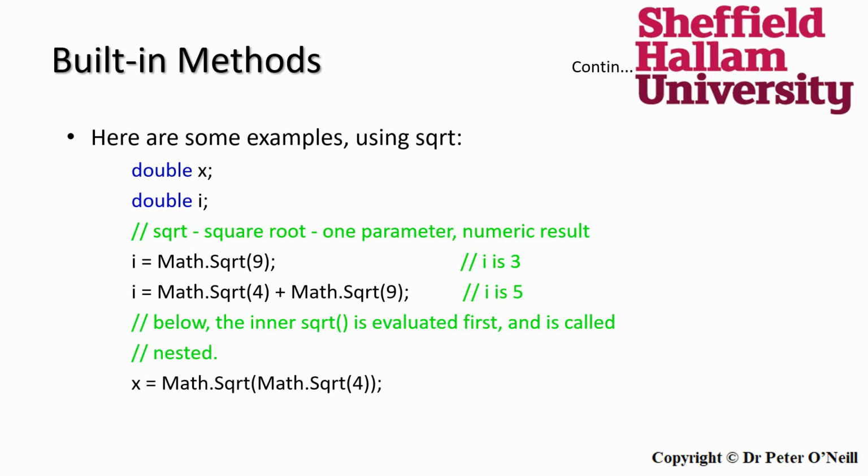Well, if you look, we've got brackets for the outer square root, and then we've got another Math.Sqrt inside that. So actually we're saying that Math.Sqrt(4), which is of course 2, then the square root from the result of 2 becomes x, which in this instance will be 1. And you can see that example in built-in functions number 1.